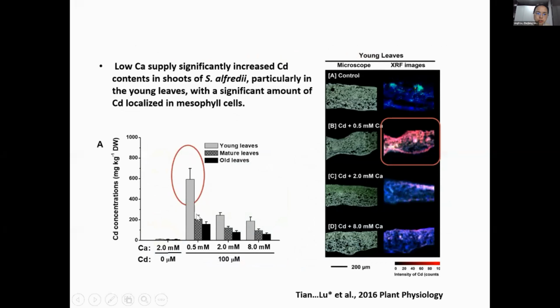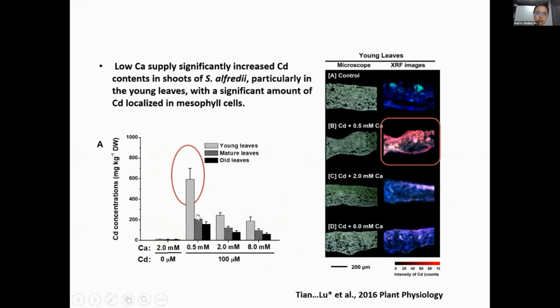So we understand why this plant species chooses to hyperaccumulate cadmium in its shoots. These plants were exposed to a very high powdery mildew (PM) environment.